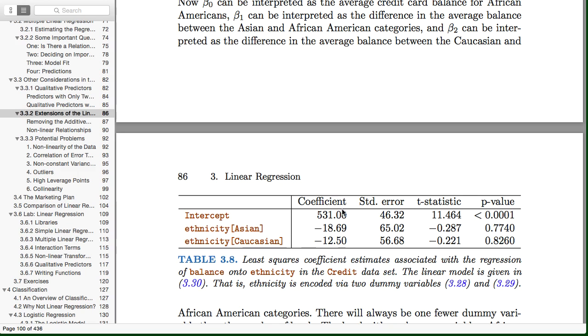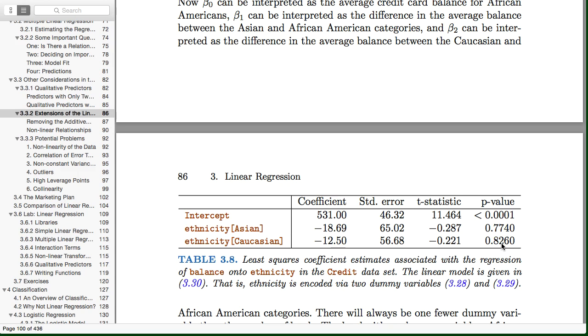So this is all really great if we wanted to play into some stereotype, but then, oops, we take a look at the standard error, and here again we find that, darn, there's no evidence for it at all. In fact, based on ethnicity alone, we really basically get that the average balance is $531, and these two numbers might as well be zero.